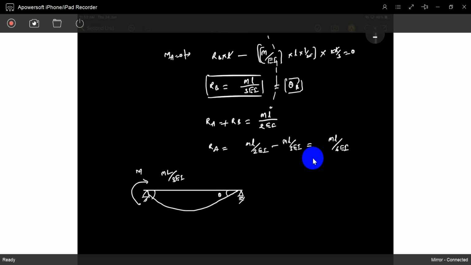On the opposite side, it will have ML by 6EI. So theta A is just half of theta B. This is the best statement, and you have to remember it.